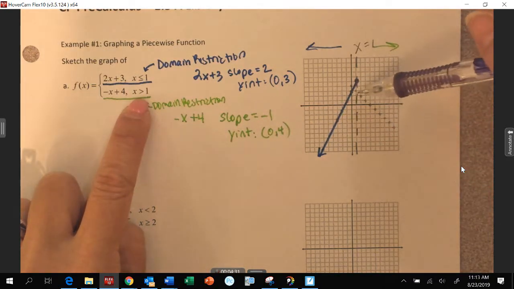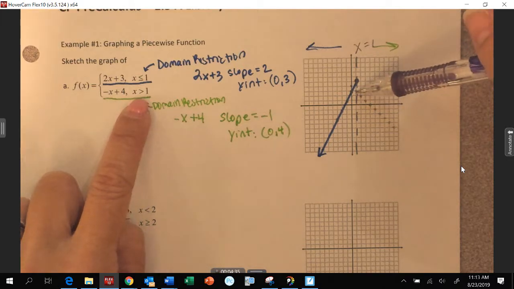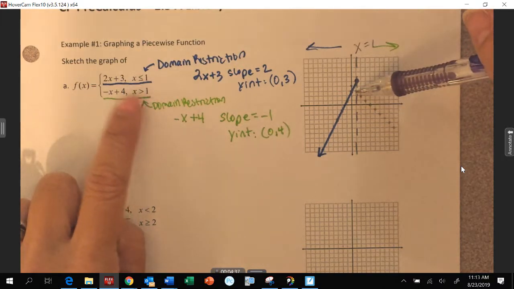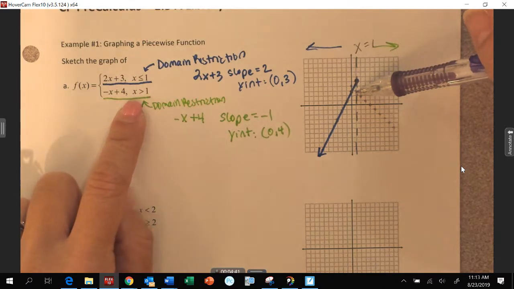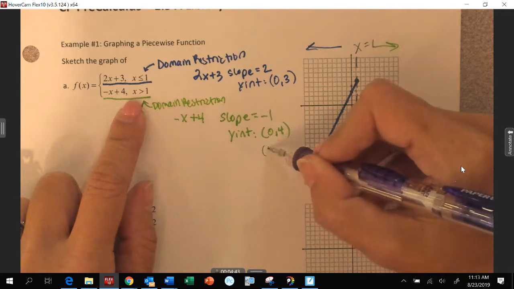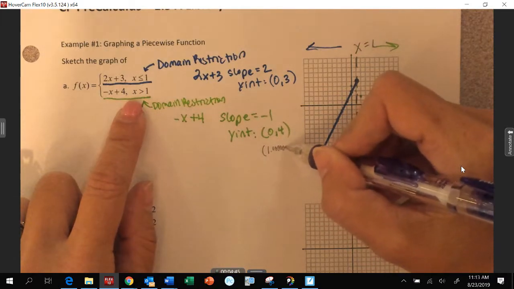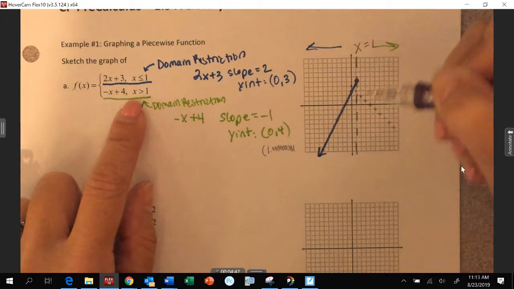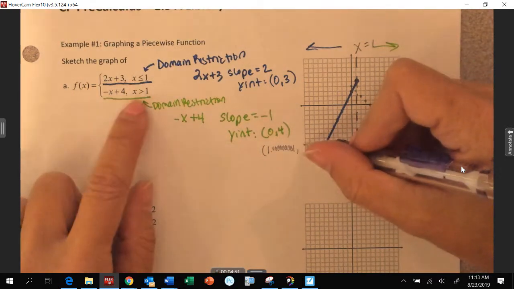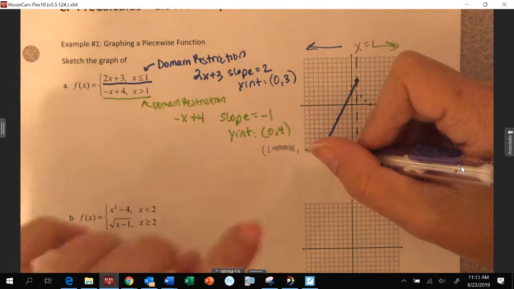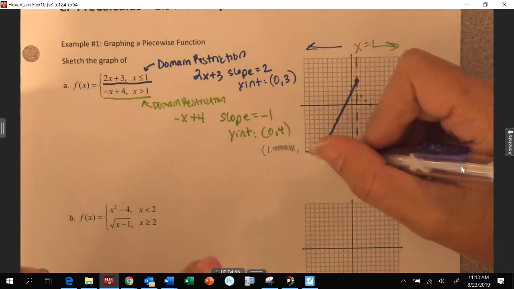Can I graph the point (1, 3) if x has to be greater than 1? Can I graph the point 1.00000000001, comma, I don't know, negative that plus 4? I can graph that x. I just can't graph the x that's 1.